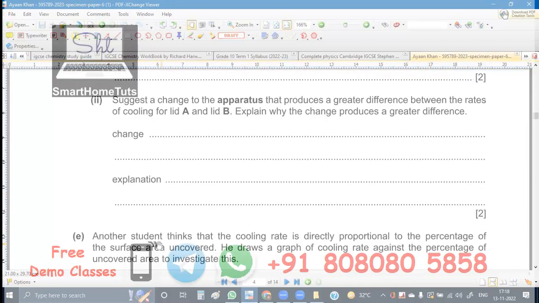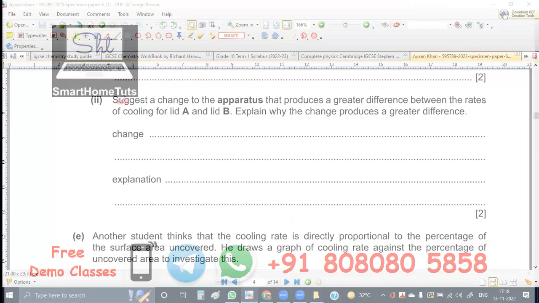The second part of the question: suggest a change to the apparatus that produces greater difference between the rates of cooling for lid A and lid B. Now, what change we are going to make so that the difference in rates will become bigger?